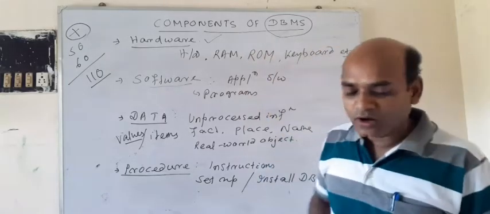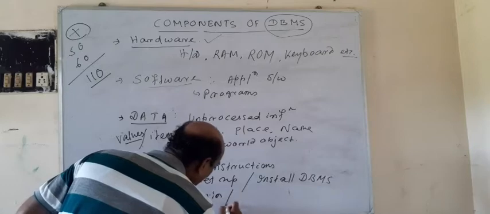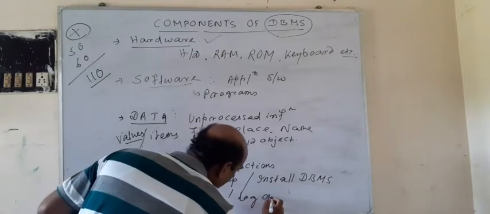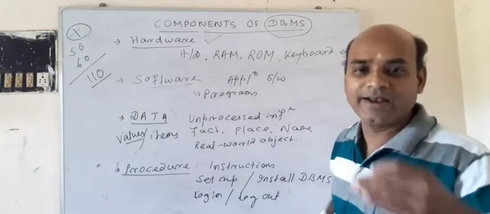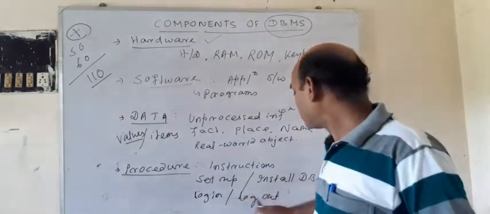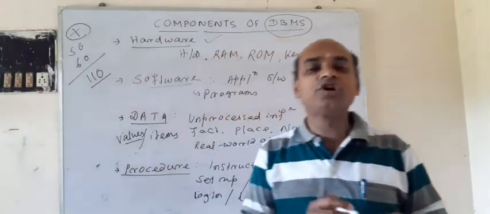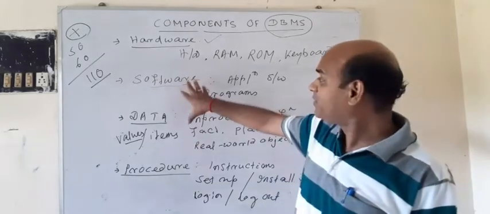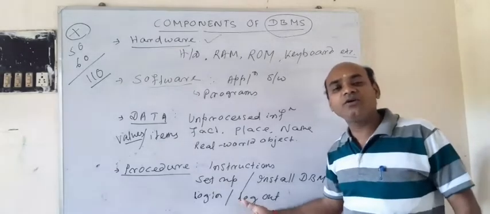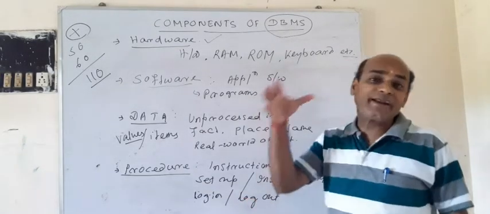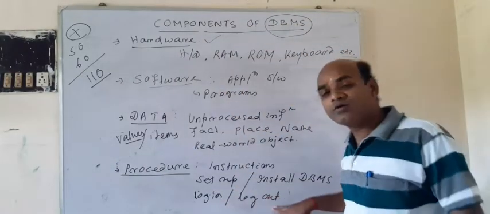Okay. Again, login, log out. You know, in every aspect of your networking system, there is some login, logout system. Why is it required? Because in this environment, so many users are using. So data can be shared among several users. Several users are using the database. So to give proper identification or authentication, some login, logout system is also required.